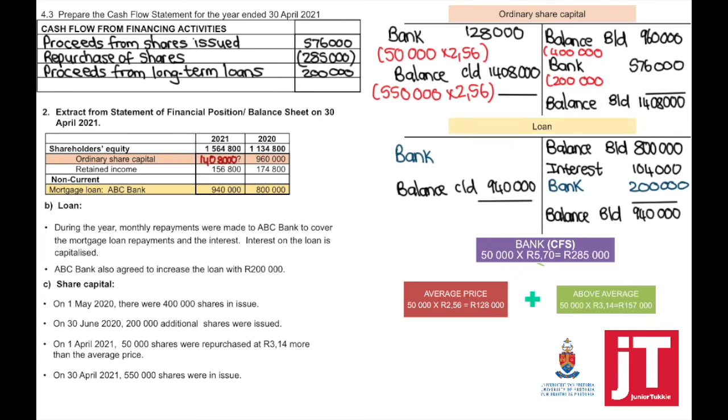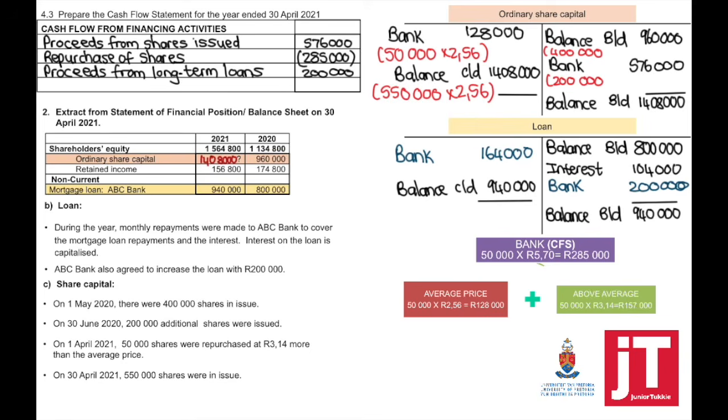To find that, we're going to take everything on the credit side minus everything on the debit side. This is now the repayment, which includes the interest. So that's not the figure that goes to the cash flow from financing activity.